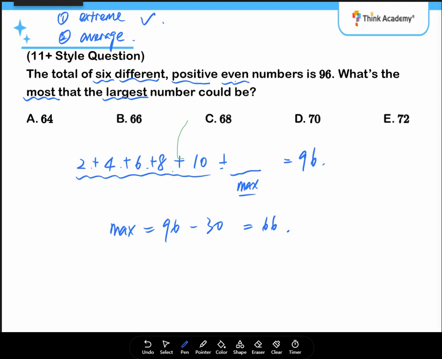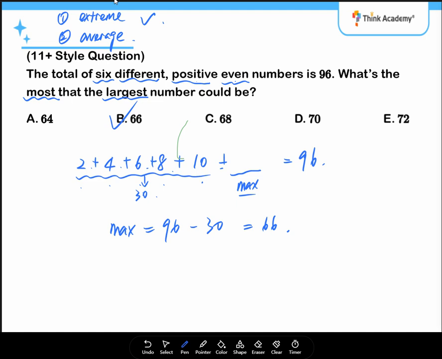We list the smallest 5 positive even numbers: 2, 4, 6, 8, 10, whose sum is 30. So the biggest number possible is 96 take away 30, which is 66. Does that make sense to you? Yes or no?